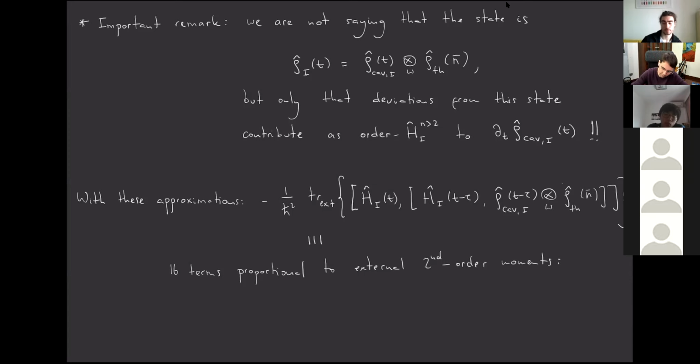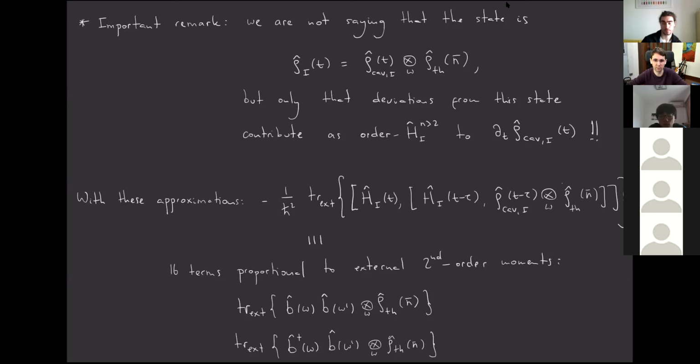By external second order moments, I mean the expectation value of operators B at 2 different frequencies in the thermal state, and the external trace again, so expectation values of, for example, B dagger B, in the thermal state.